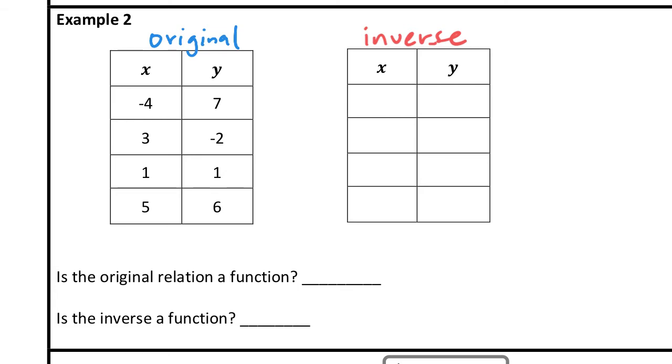Well, I can put the arrow over here and say that we're going to swap. Swap means to switch, right? So we're just going to switch the order of the numbers. So it's going to be 7, -4, -2, 3, 1, 1, and 6, 5.